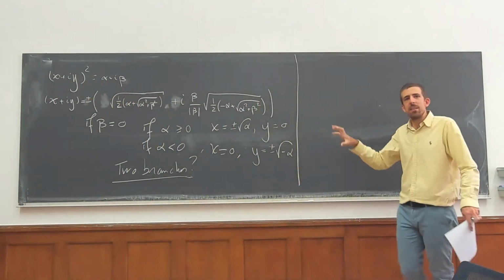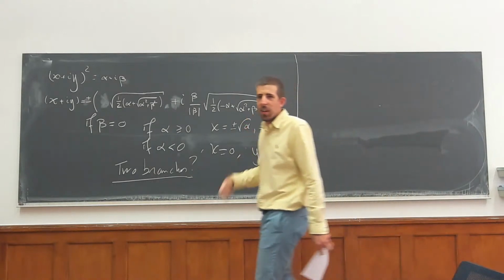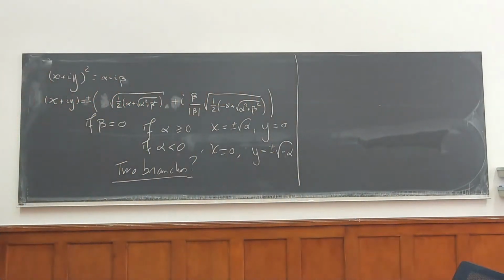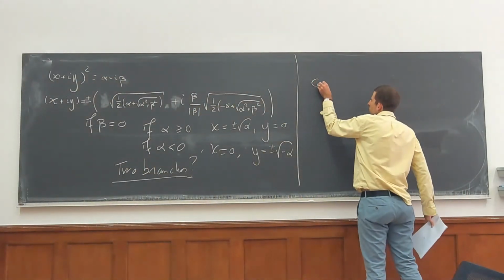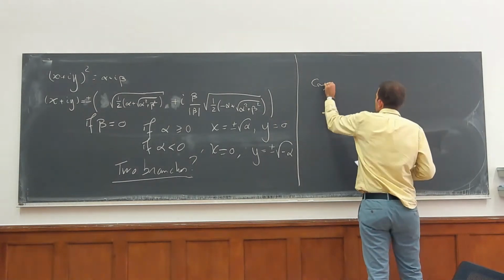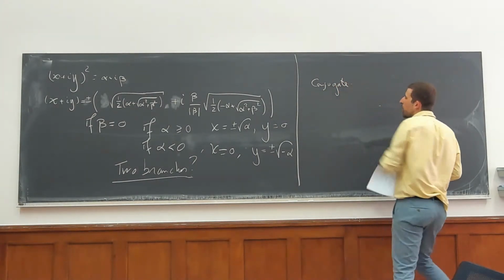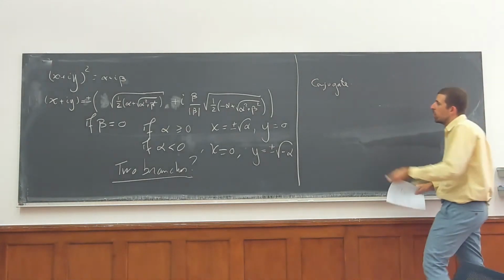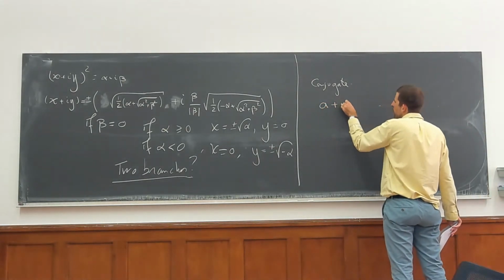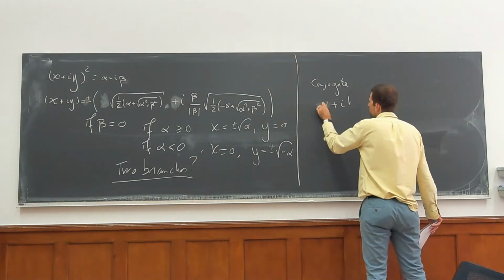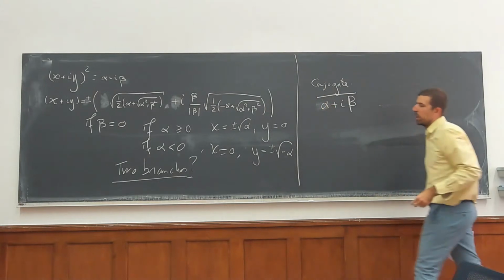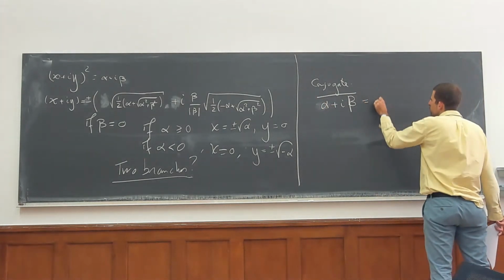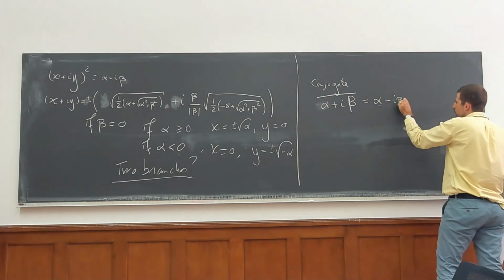And in fact, this is the case, and it's a good exercise to try and see this, but this also motivates a transformation, the idea of a conjugate. It's where you transform i to minus i. So if I have a number alpha plus i beta, and I take its conjugate, which we write this way, then the conjugate is just alpha minus i beta.